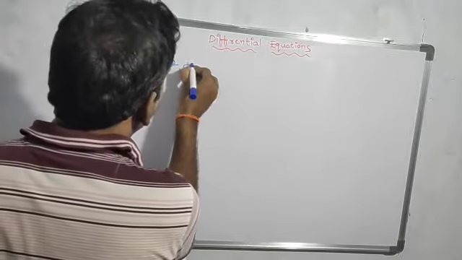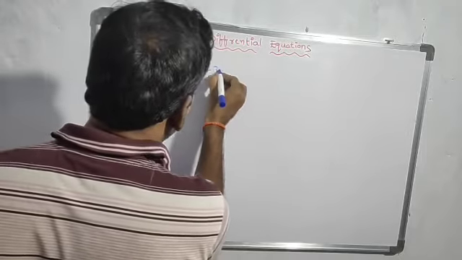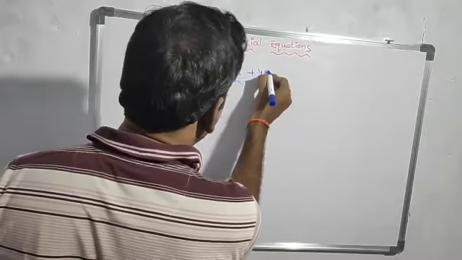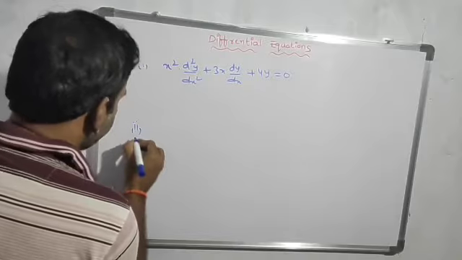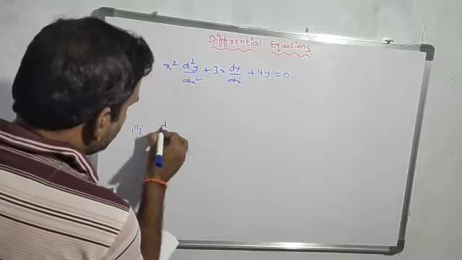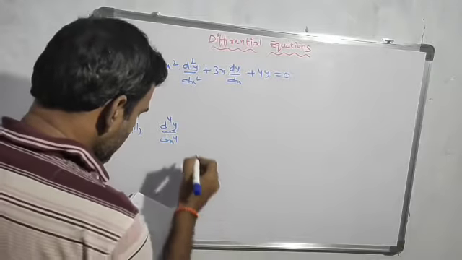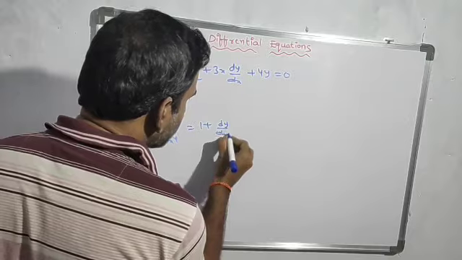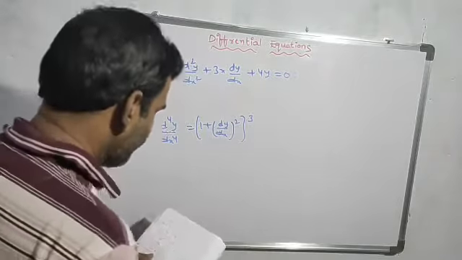x square into d square y by dx square plus 3x into dy by dx plus 4y equal to 0. Second problem, d power 4 y by dx power 4 equal to 1 plus dy by dx whole square, whole cube.